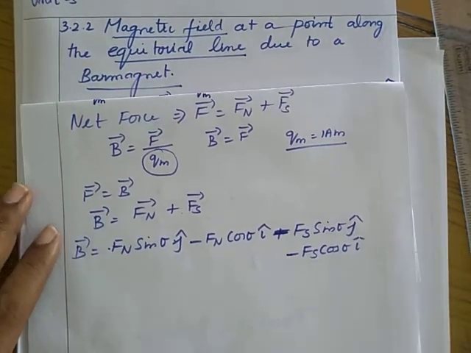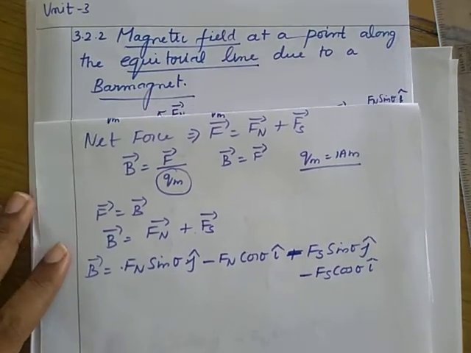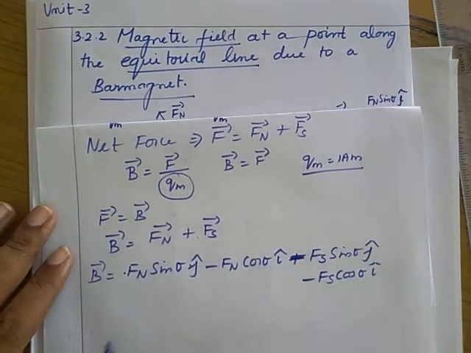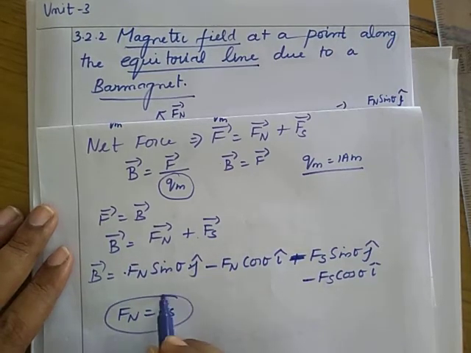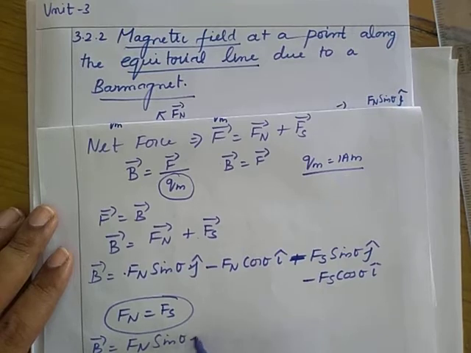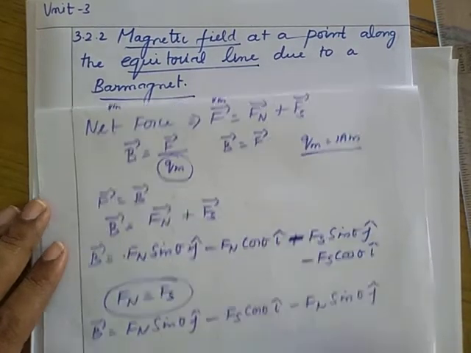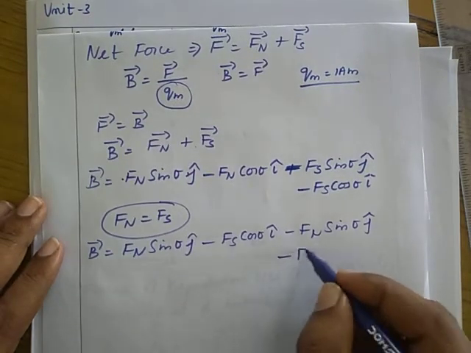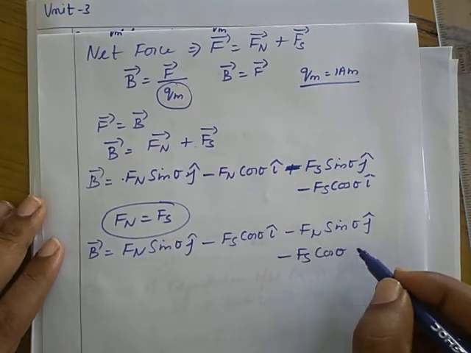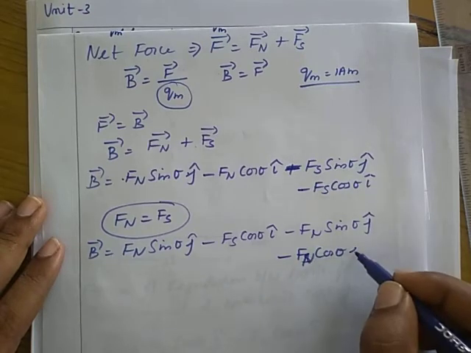We know very well the magnitude of both attractive and repulsive force are same, so we consider Fn is equal to Fs. Substituting in the above equation, B vector is equal to Fn sin theta j cap minus Fn cos theta i cap, minus Fn sin theta j cap, minus Fn cos theta i cap.